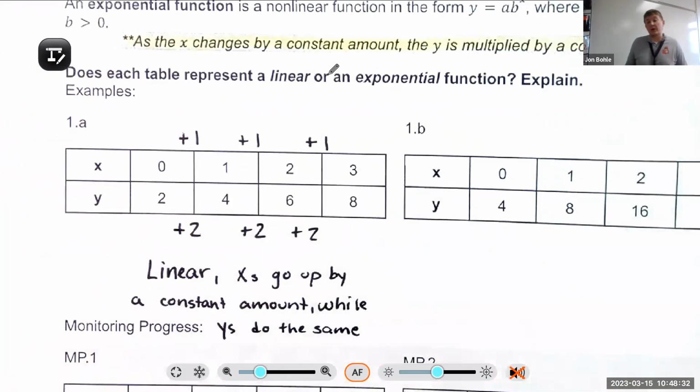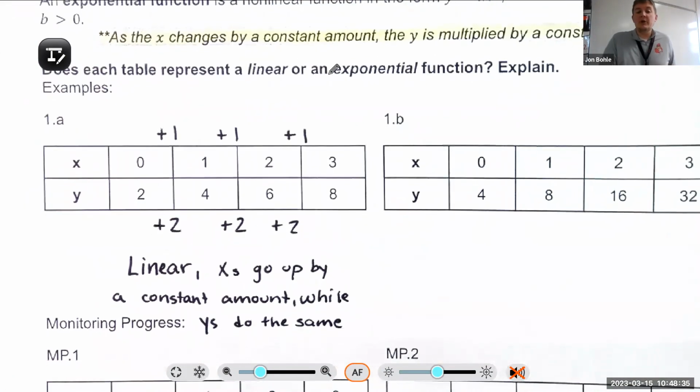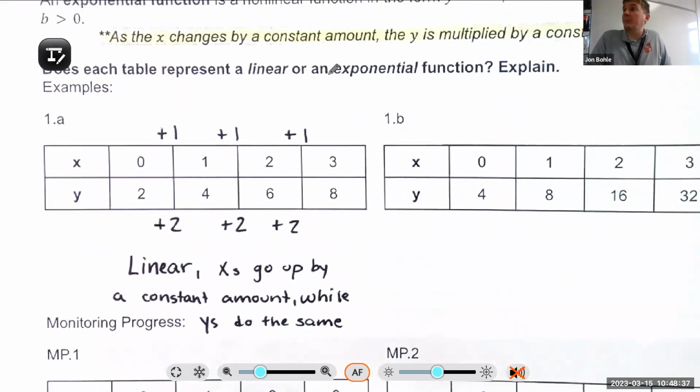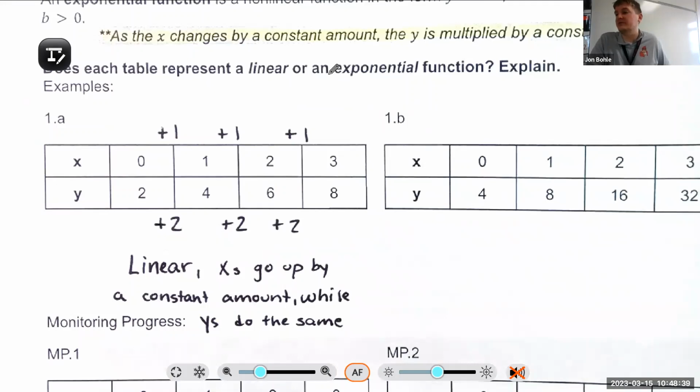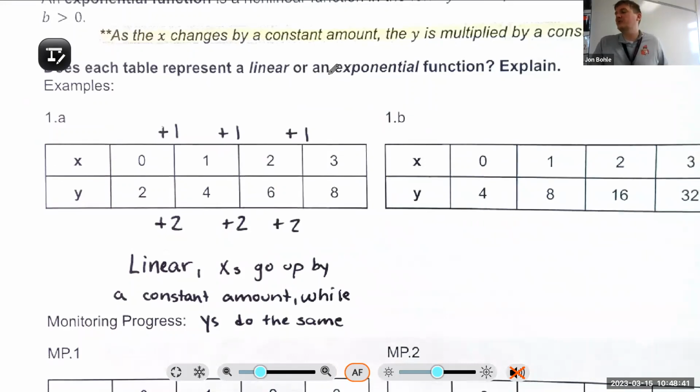As x's go up or down by a certain amount, your y's are doing the same thing. They're going to be going up or down by a certain amount. That's what linear is going to be. We did do that in the first semester. I wouldn't blame you if you told me you don't 100% remember that.